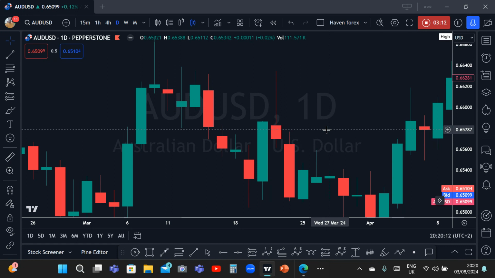Once you see that setup, you can now scale down to the lower time frame and place your entry. Don't stick solely to a lower time frame because there is so much noise. You see pin bars everywhere. Those are not really pin bars.